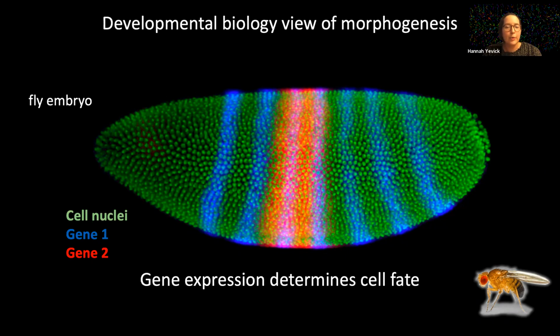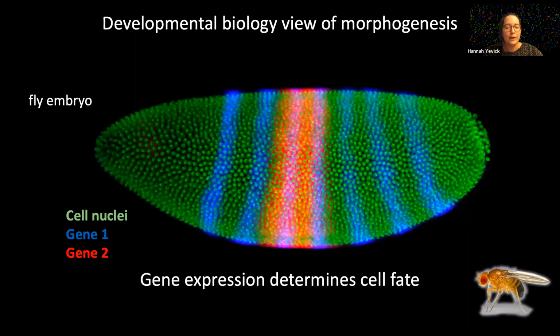For example, which genes need to be turned on to control specific phenotypes or observable traits of an organism, or how cells at specific positions in an embryo know which fate to go on and become. What I'm showing you here is a really beautiful example of this. We're seeing a fruit fly embryo, which is a system I'll be using later in my talk.